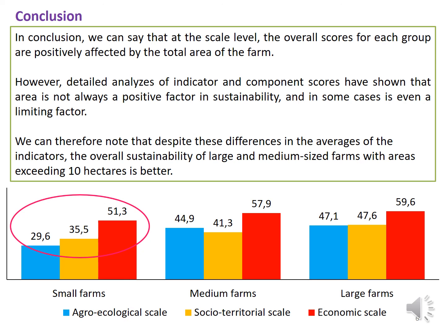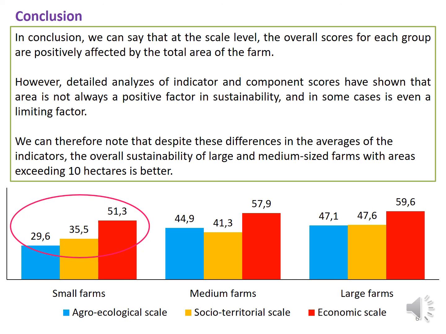We can therefore note that despite these differences in the averages of the indicators, the overall sustainability of large and medium-sized farms with areas exceeding 10 hectares is better.